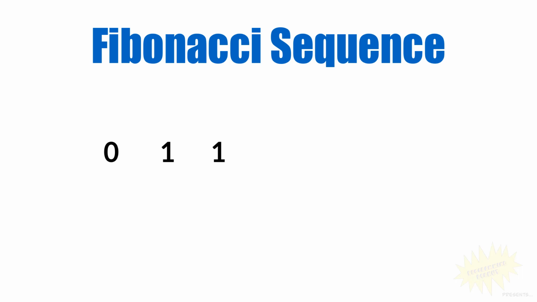And then we would do 1 plus 1, which is 2. And then we would do 1 plus 2, which is 3. And then we would do 2 plus 3, which is 5. And then 3 plus 5, which is 8, and so on. And you can go on and on for as long as you want, okay?